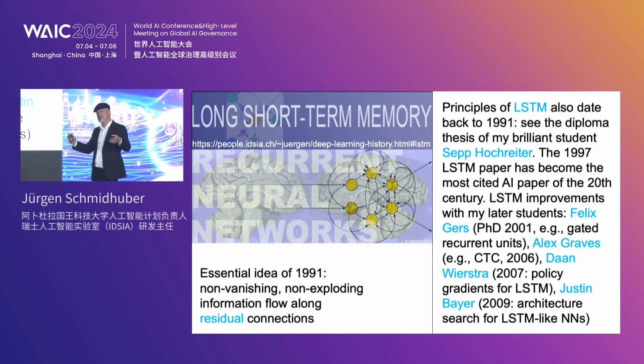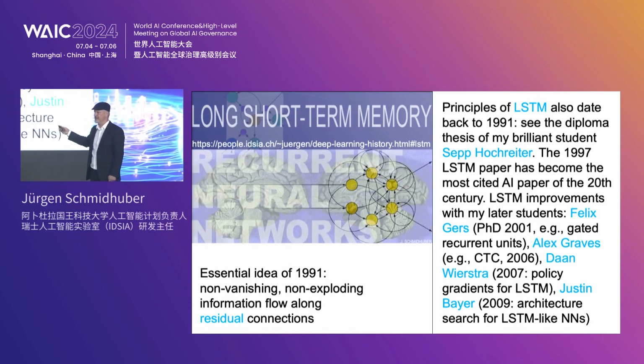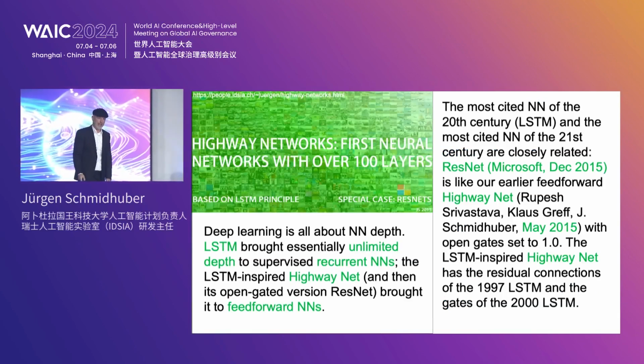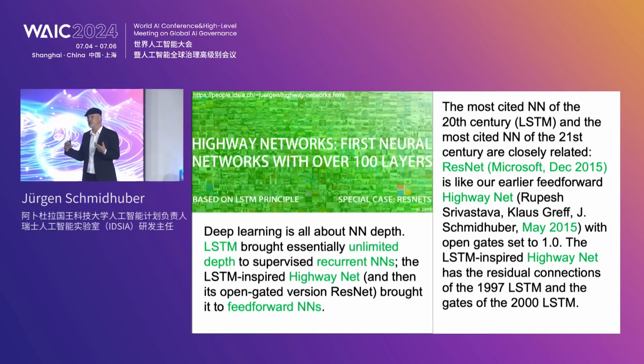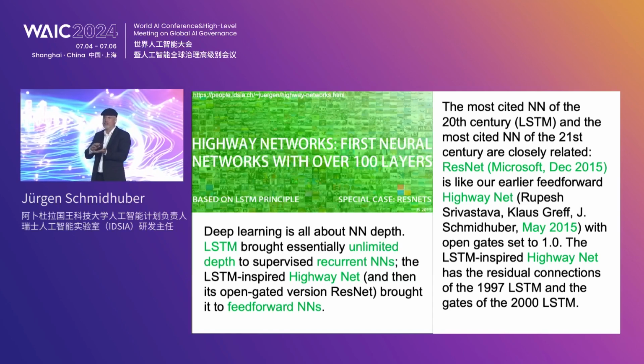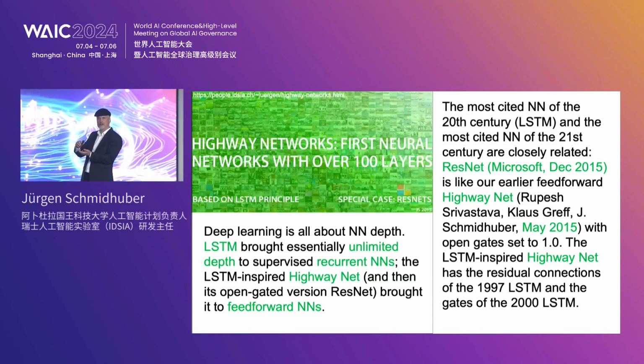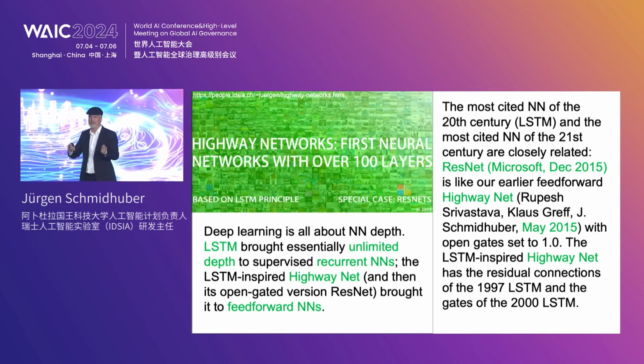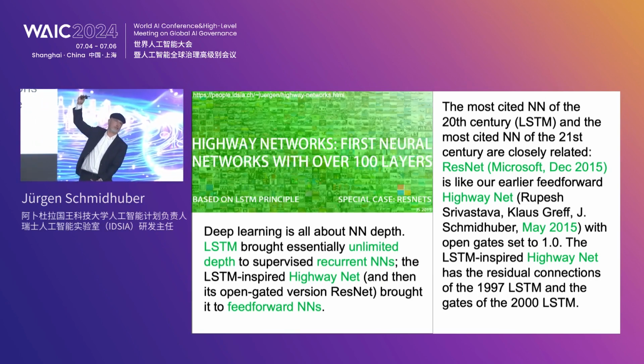And so all of this residual connection stuff has become really important, not only because the LSTM is now the most cited AI of the 20th century, but also because something that we published much later, in 2015, the highway network, is working using the same principle, except it's not working for recurrent networks, but for feed-forward networks. So recurrent networks have these cycles, but feed-forward networks are just deep, many layers. And then we use the same residual connections going back to 1991 to make these highway networks really, really deep.